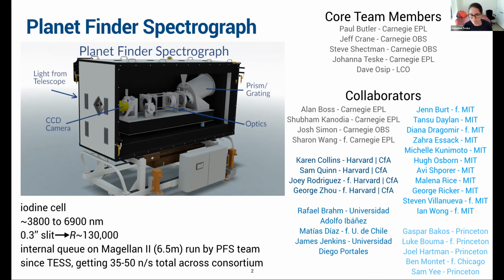So we're mostly operating in the optical, with resolving power around 130,000. And since TESS, we've been getting something like 30 to 50 nights per semester across the entire consortium. So not just for TESS follow-up, but that's been a big increase in our allocation. And I'm showing the core team members, mostly from Carnegie. And then I think I got all of our collaborators, but I apologize if I missed anyone.